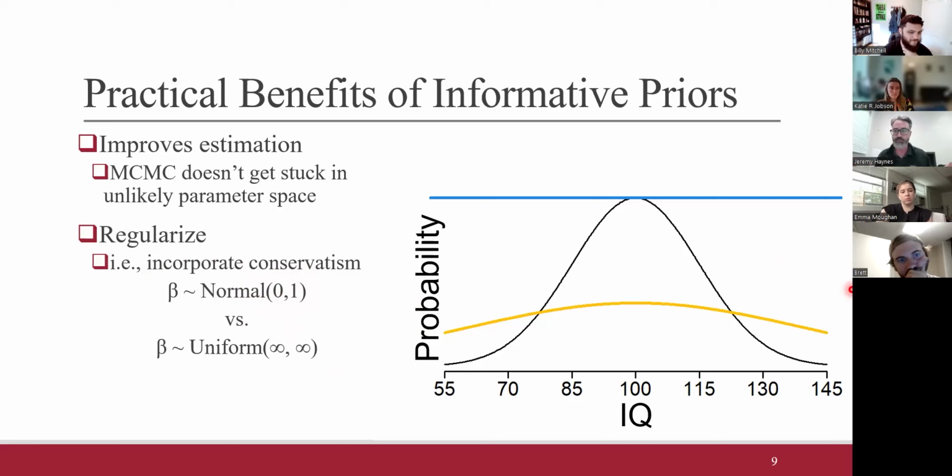Essentially, you're saying you're going to let your data inform your estimates of this parameter, but you want to be a little bit conservative. You want to draw it a little bit closer to 0, because there's a high cost with suggesting that this effect is higher than you really want to say. So those are just some of the benefits of priors.